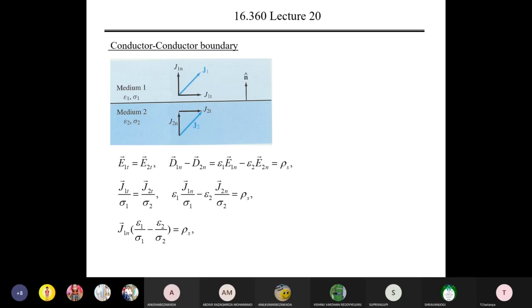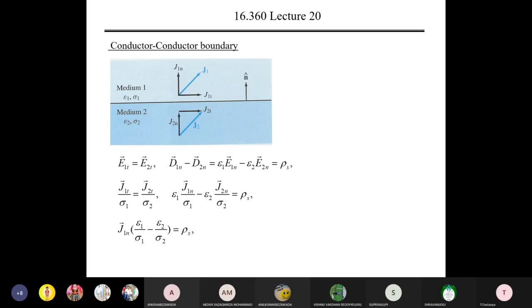Here also, for medium 1 and medium 2, the characteristics are: the conductivity of medium 1 is sigma 1 and the conductivity of medium 2 is sigma 2, and the dielectric constant of medium 1 is epsilon 1 and of medium 2 is epsilon 2. The normal value is indicated by n. Whenever the field meets the boundary at 90 degrees, it is considered a normal value, normal to the boundary.